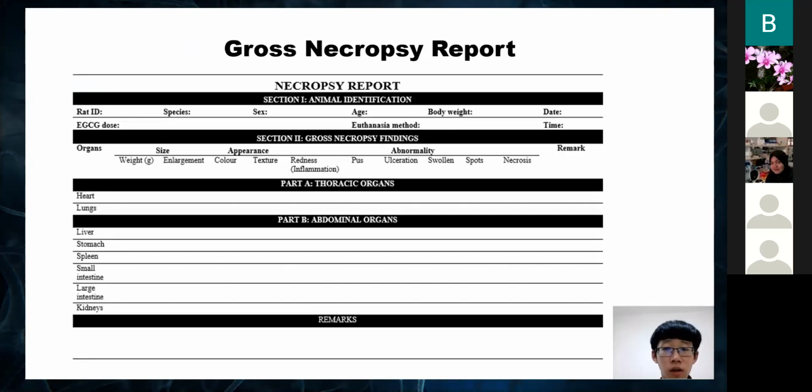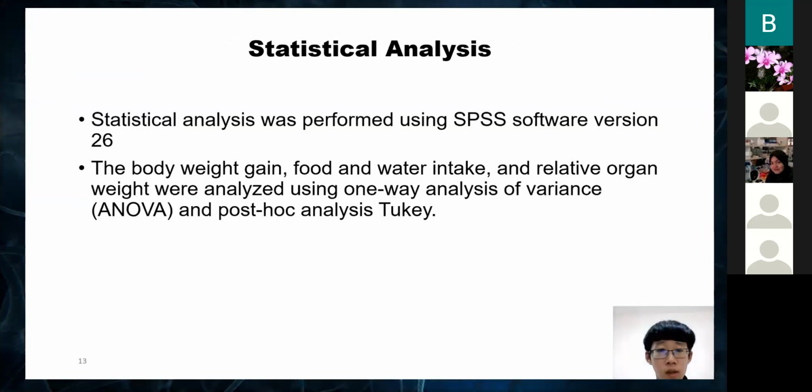Macroscopic condition of the visceral organs in terms of size and weight, color, texture, signs of inflammation, presence of pus, ulceration, and necrosis were recorded as well. Statistical analysis was performed using SPSS version 26. The numerical data was analyzed using one-way ANOVA followed by Tukey post-hoc.